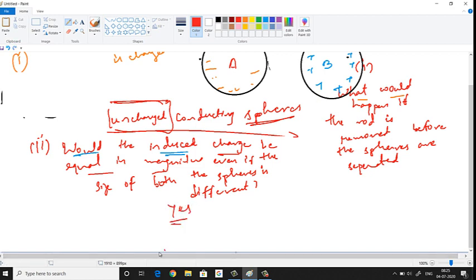Okay. What's the last question? What will happen if the spheres are separated first and then the rod is removed far away? So let me write the third question.